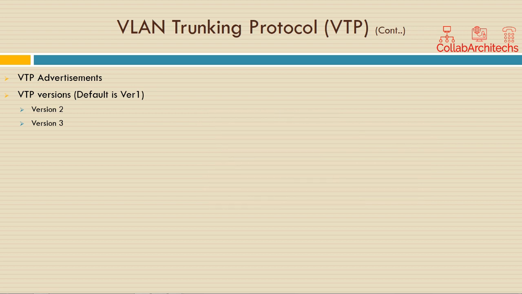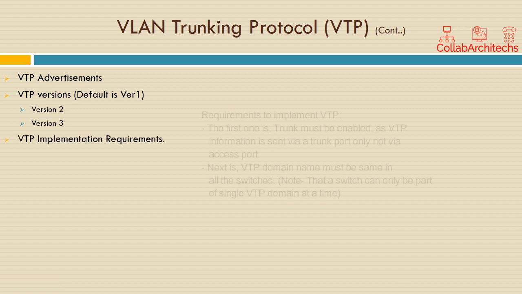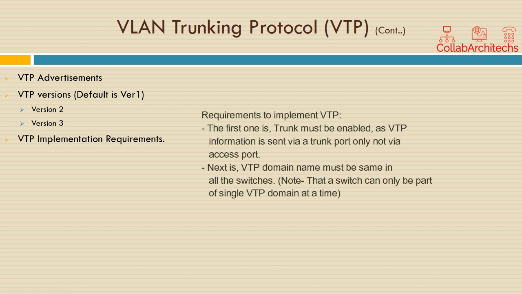Now let's see the requirements to implement VTP. The first one is that the trunk must be enabled, as VTP information is sent via a trunk port only, not via an access port.